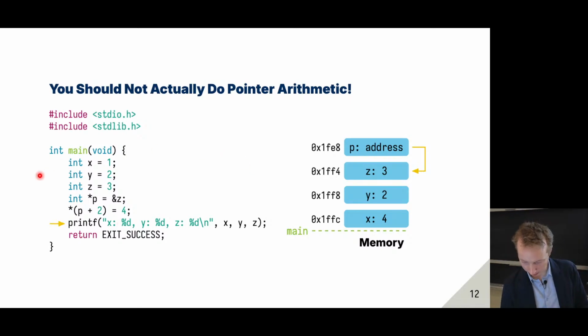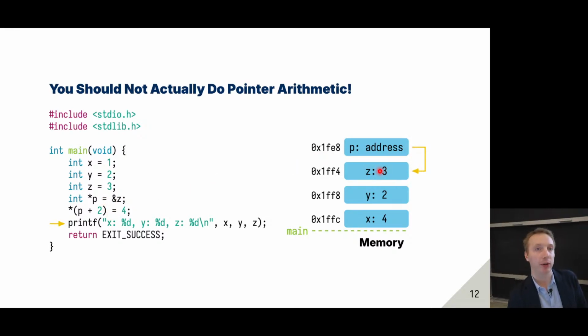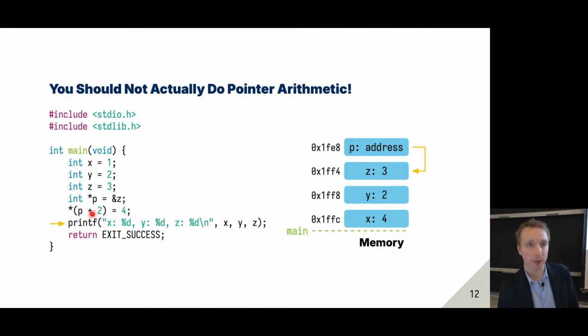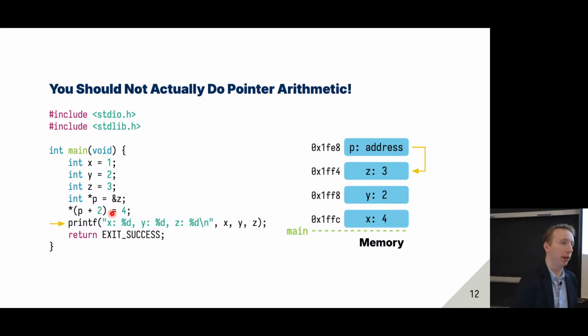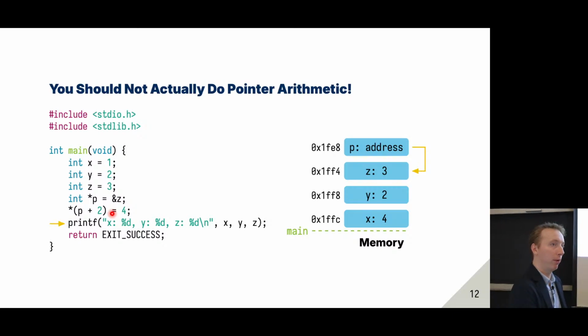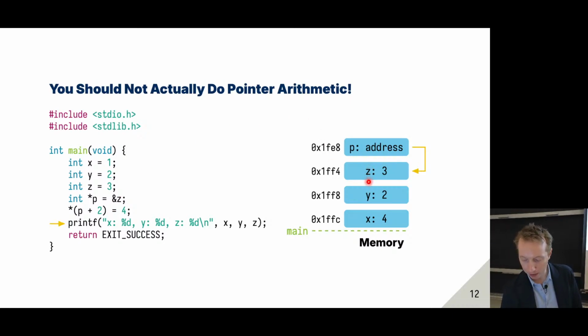If we go back here, p is currently pointing to z. In this line right here, when we do p plus 2, because that pointer is a pointer to an int, and we add 2 to it, that means we're going to jump forward 2 integers worth of bytes. It happens all these integers are beside each other in memory.